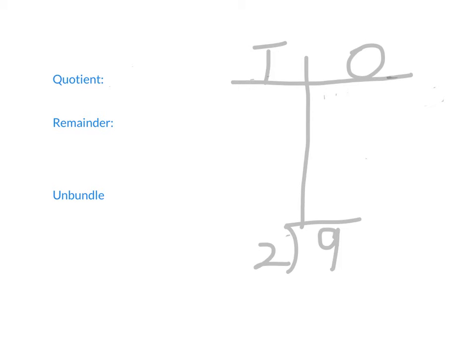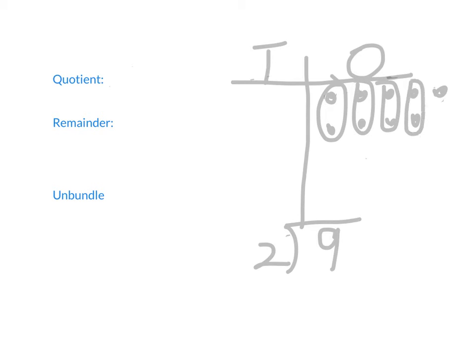We'll put 9 discs, 2, 3, 4, 5, 6, 7, 8, 9. And once again, we want to see how many groups of 2 we can make out of 9. 1, 2, 3, 4.